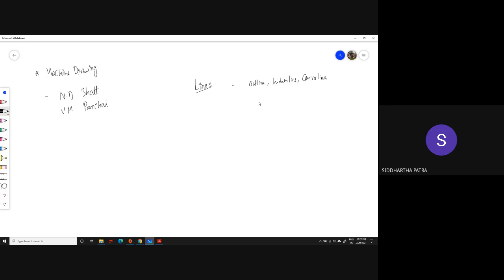But what is common with all of these is they are equally dark. They can be of different thickness, but that doesn't mean one of them could be light and the other one dark. They are supposed to be all equally dark, with uniform thickness and uniform darkness across the length.